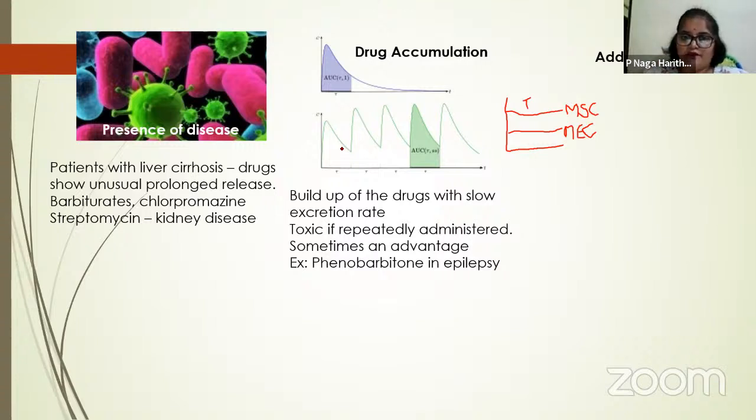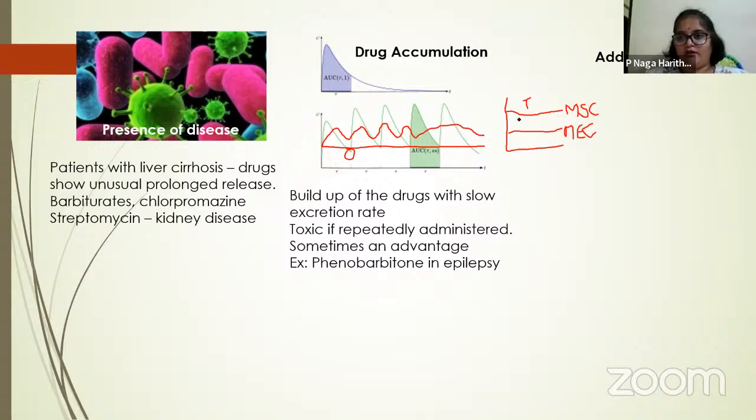So here, if I say this is the minimum effective concentration, the concentration of the drug inside the blood is coming below the minimum effective concentration. Suppose you repeatedly give the doses, what happens? The drug may not come below the minimum effective concentration and it may stay like this, and it shows the accumulation of the drug.